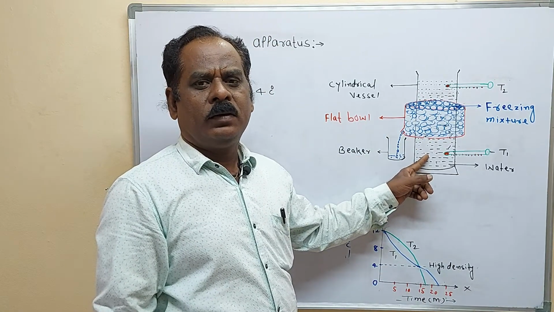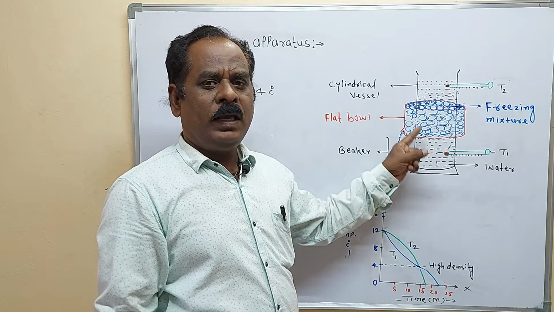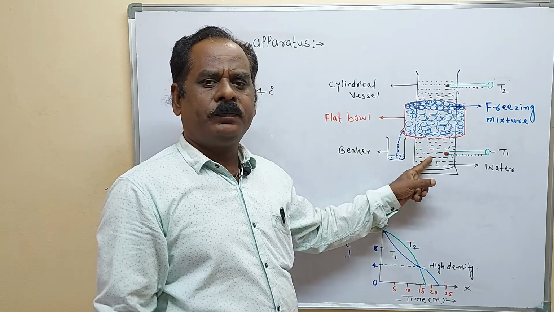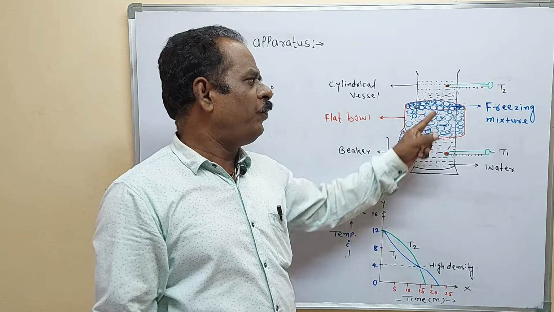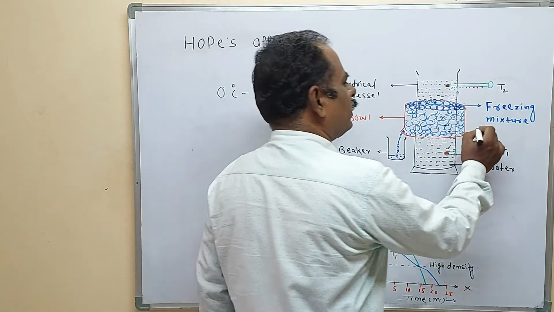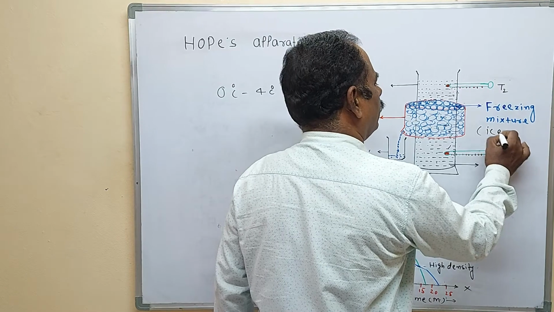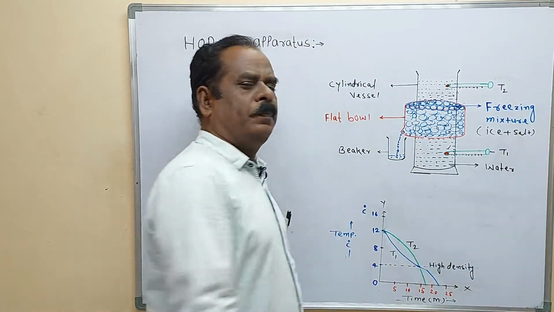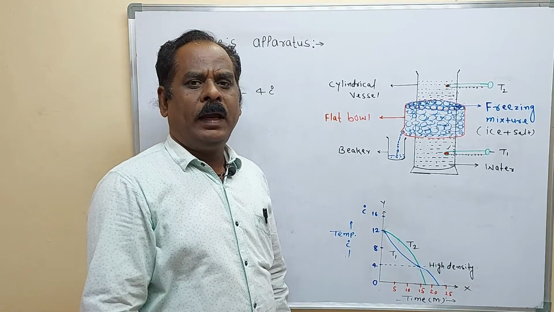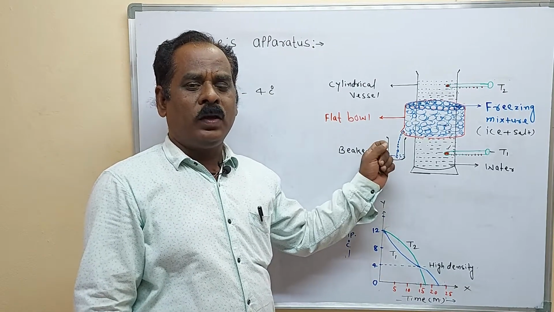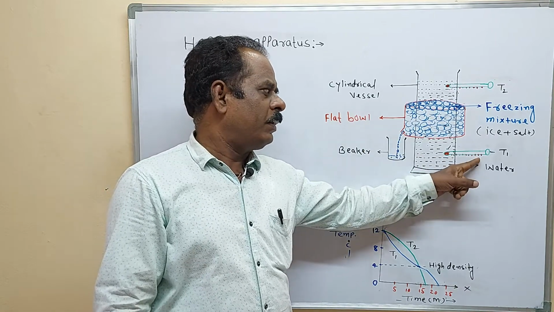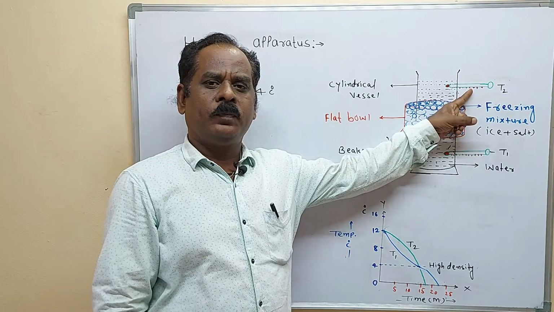Then take the water in the cylindrical vessel and put the freezing mixture, that is ice and salt, in the flat bowl. Observe carefully and note the temperature with the help of thermometers T1 and T2.